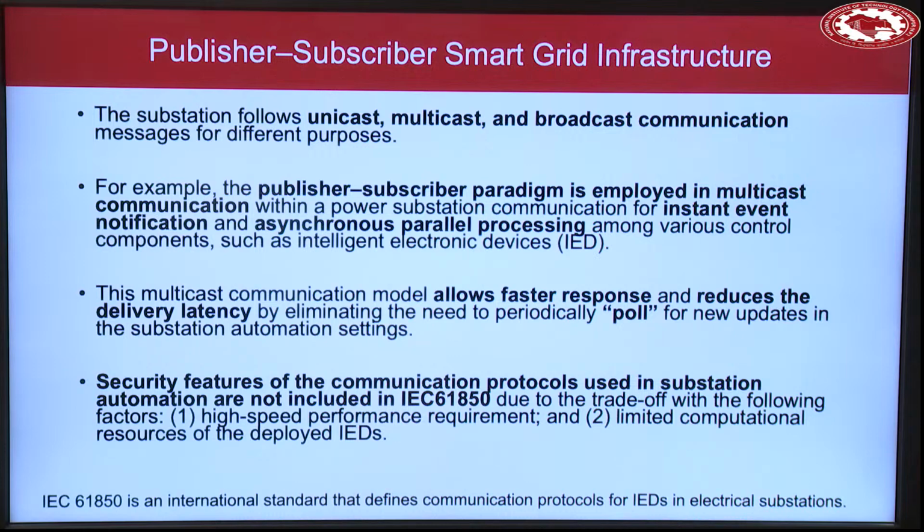It should not be that you send 100 commands to send that data to every other device. Rather, I will follow this model, and all those 100 devices will act as subscribers to this device. Whenever this device publishes anything, it will automatically be sent to all those devices. The publisher-subscriber model follows unicast, multicast, and broadcast communication. We know what that is.